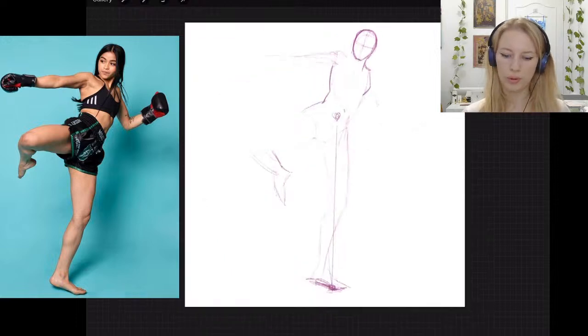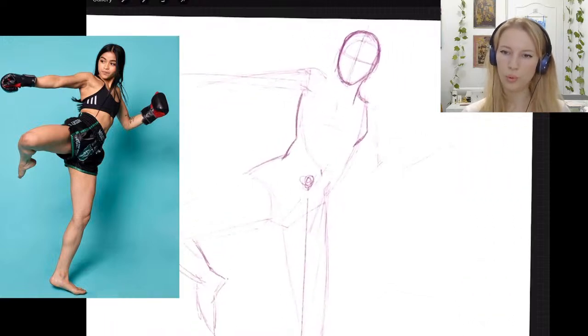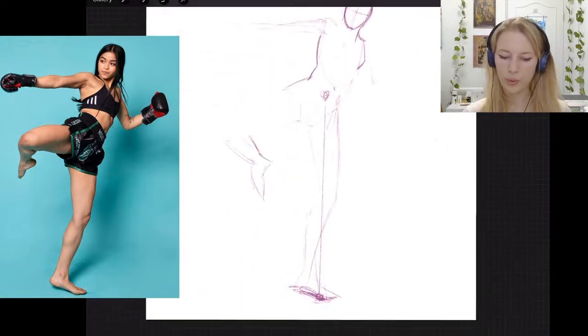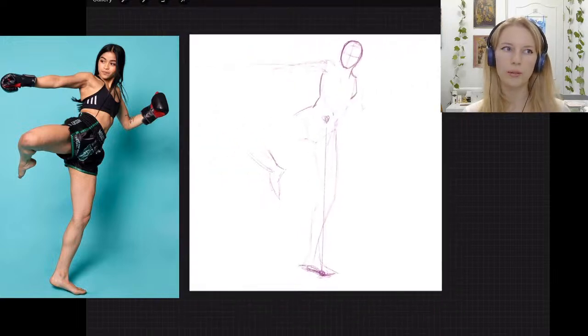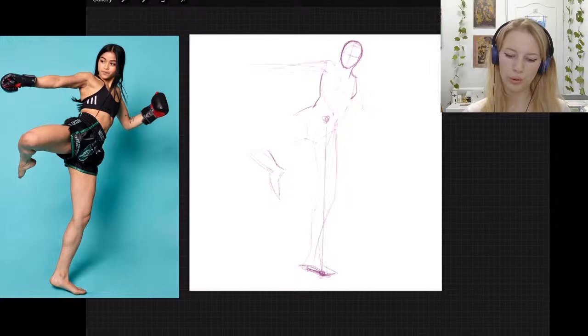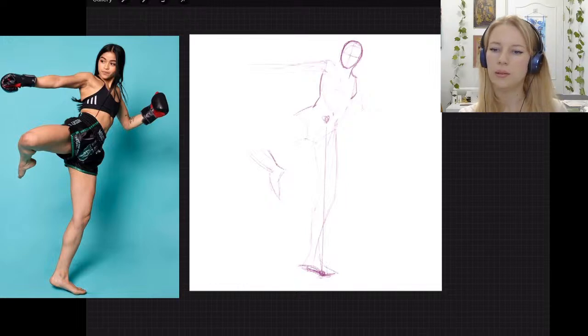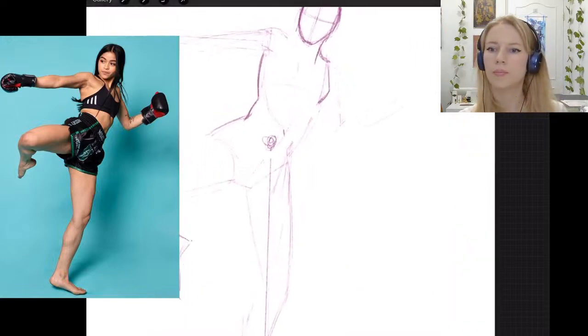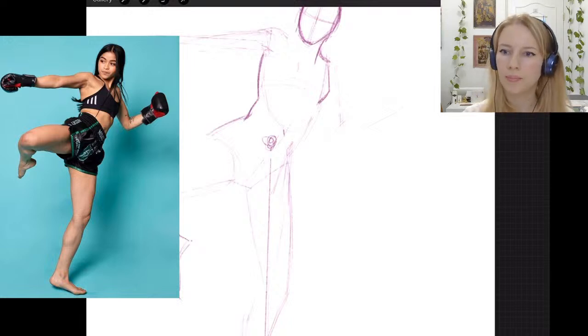Once again, for those who are maybe new watching this or maybe missed this, we try to indicate where most of the weight goes, the point where we put the majority of weight to stand, and use this point as the reference for right posture, basically.